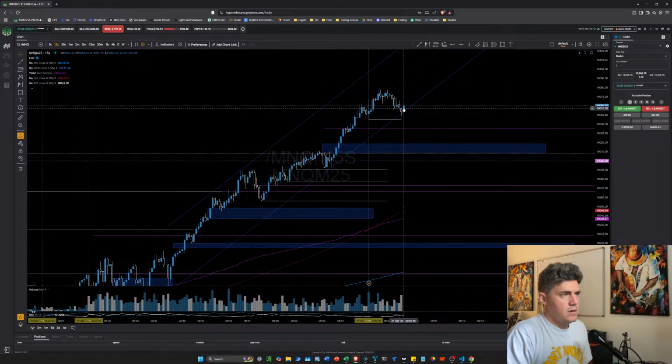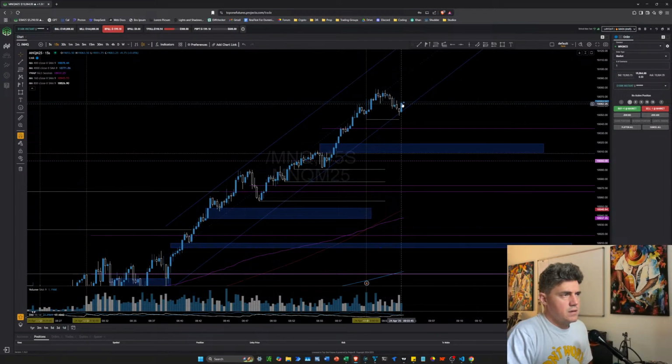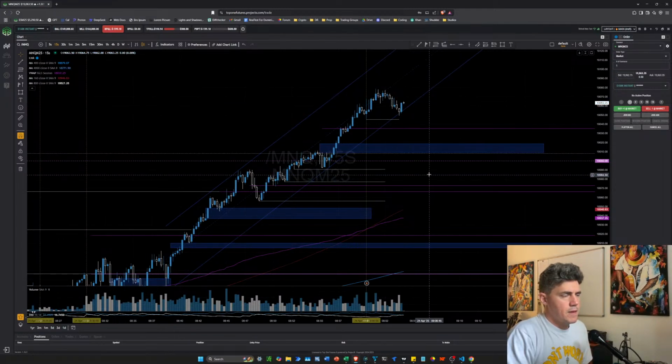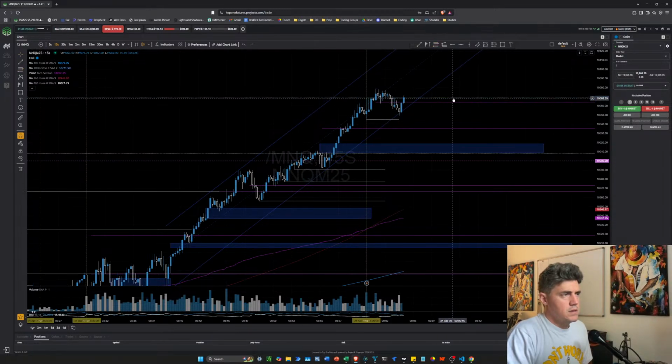All right, blue bar is taking out a white bar. That's a fake. This is a fake out. Is it? Or is it?